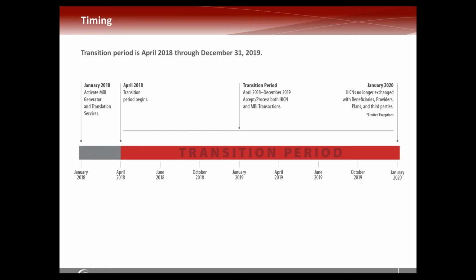During this transition period, CMS or Medicare will accept either the HICN or the MBI on its transactions. So either identifier will be accepted under Medicare. However, starting January 1st, 2020, only the MBI will be accepted.